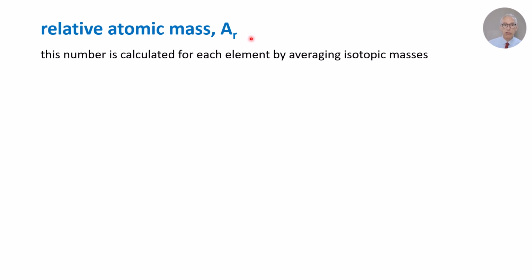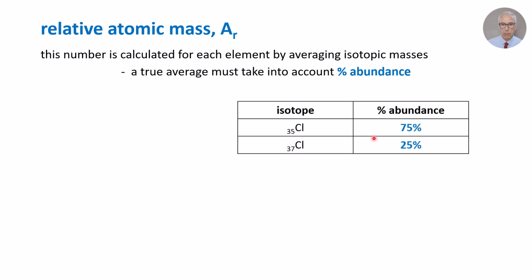Calculations involving relative atomic mass are a favourite. This number is calculated by averaging isotopic masses. So to get an average, we want a true average which takes into account percentage abundance. Let's clarify by looking at an example. The two isotopes we looked at on the previous slide, chlorine-35, chlorine-37.